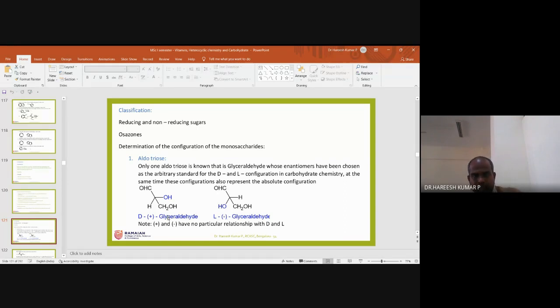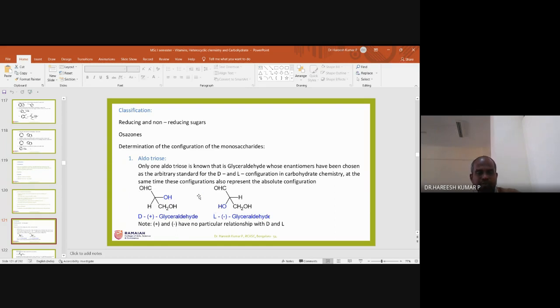Here, D-glyceraldehyde and L-glyceraldehyde were initially taken by scientists as an arbitrary standard for optically active compounds, because in olden times this was the only compound known as an optically active compound.